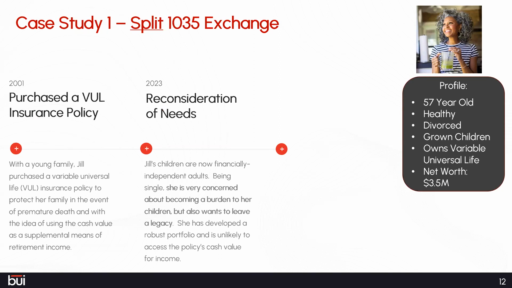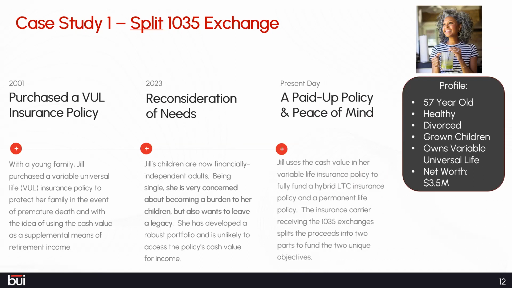Like most, decades later, the needs change. Her children are now grown and financially independent, and she's worried about what longevity could mean to her kids and the burden of care that could be placed on them if she doesn't have a plan. She also wants to leave her kids in a better position than she was left in when her parents passed away. So legacy planning was also an important factor to her.